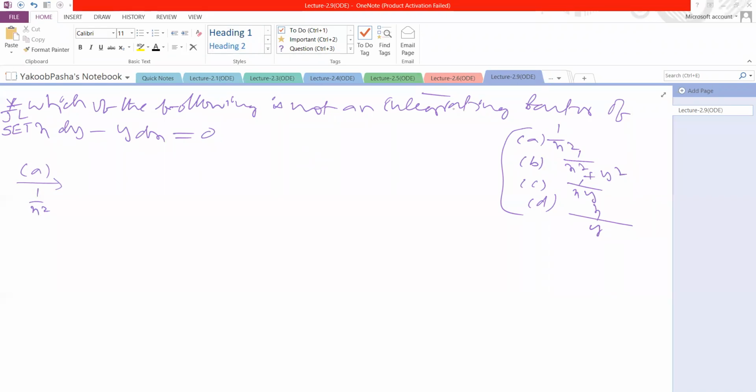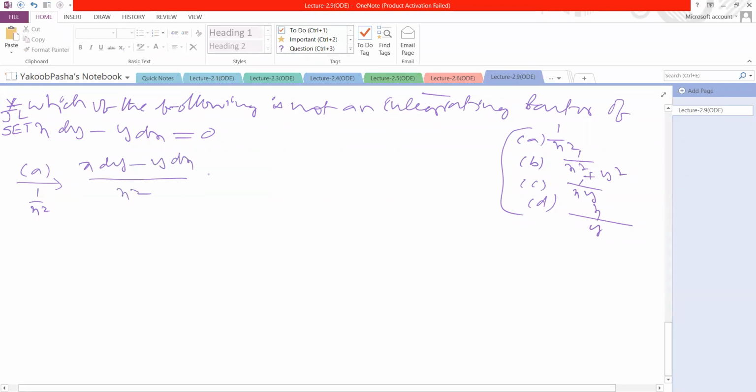Multiplying by 1 by x square, we get (x dy minus y dx) by x square is equal to 0. Now this is nothing but the formula d of y by x is equal to 0. So we get the general solution y by x is equal to c by integrating. So it is an exact equation. This is not the right option.